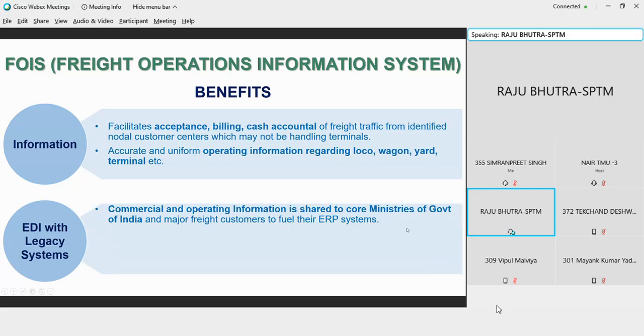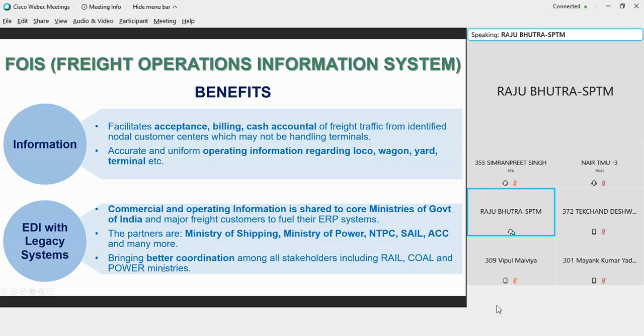Commercial and operating information is shared with core ministries of the Government of India and major customers to fuel their ERP systems. The partners are Ministry of Shipping, Ministry of Power, NTPC, SAIL, ACC, and more, bringing better coordination among all stakeholders, including rail, coal, and power ministries.